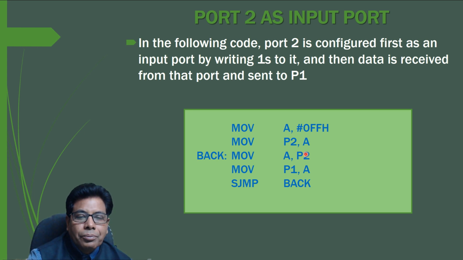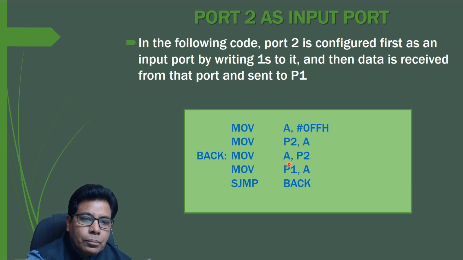Then port 2 as the input port. Here we are configuring it as the input, and then the data is received from that port and sent to port 1. For this configuration we are sending 0FFH, first we load it in the accumulator, and the accumulator is copied to port 2. So port 2 all the lines will be input.